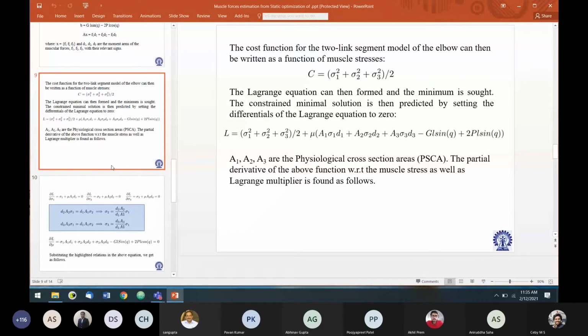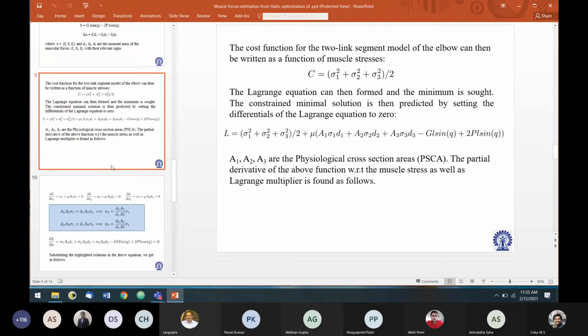So either you minimize the sum of the quadratic muscle forces or the sum of the quadratic muscle stresses. They use the square term, so any error is squared. That is basically a mathematical procedure.